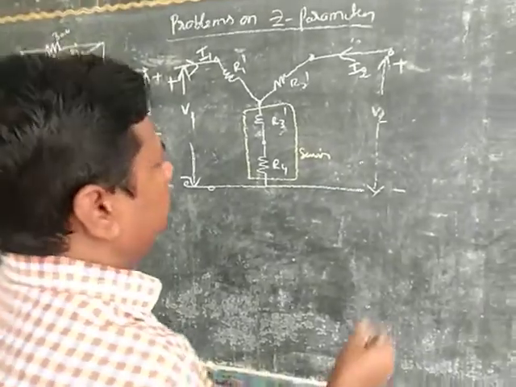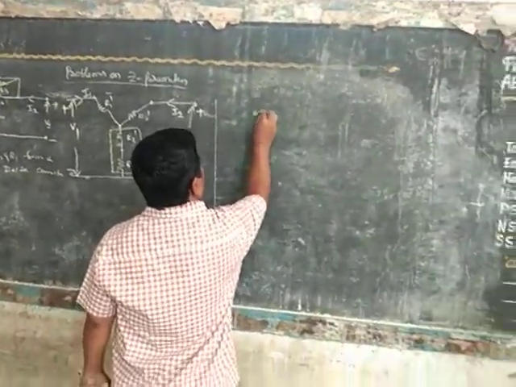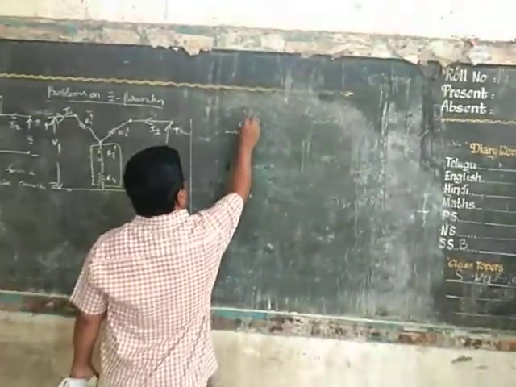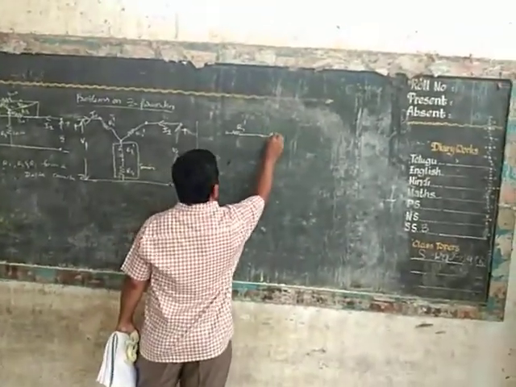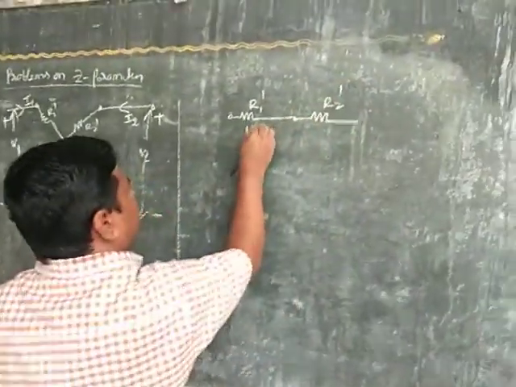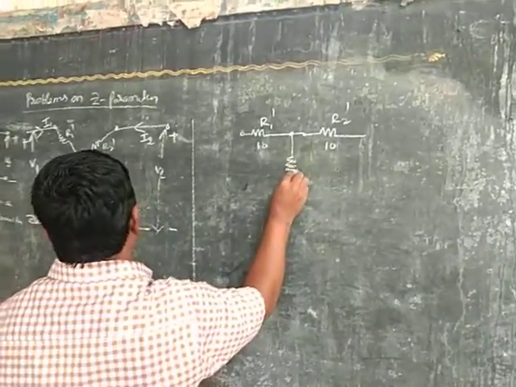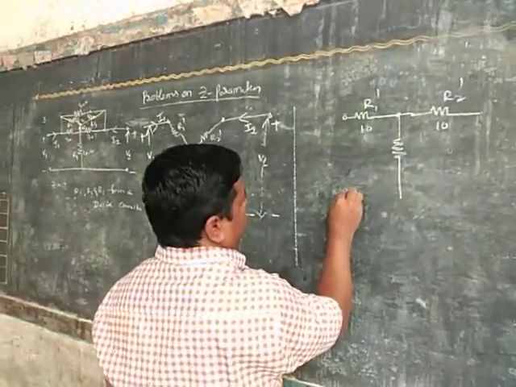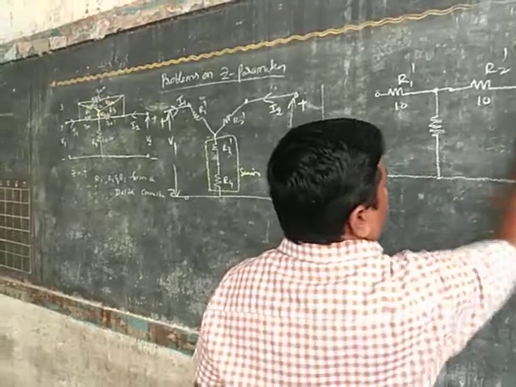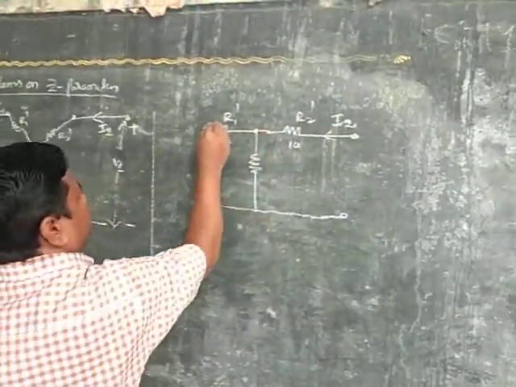Again simplify the circuit. Again the circuit is R1 dash, R2 dash. Here it is 10, here it is 10. Here it is R2.